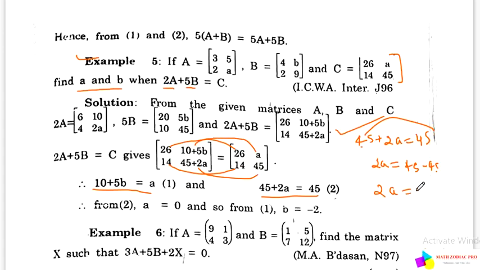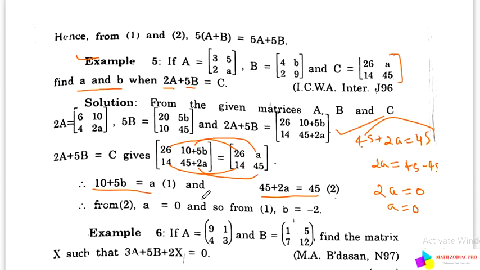So 2A equal to 0, and A equal to 0 divided by 2, that is 0.